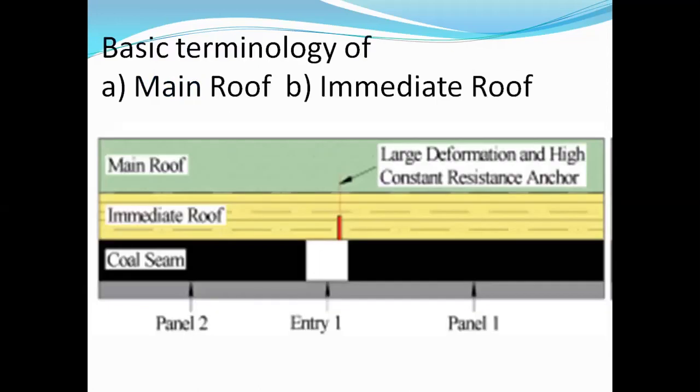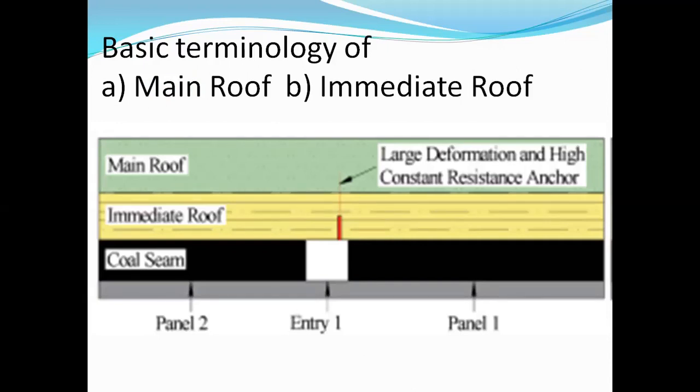So in order to analyze what exactly rock burst and coal bump are, we need to know how exactly the stress distribution takes place whenever you make an opening to carry out the mining activity. For that, we need to understand two different terminologies.